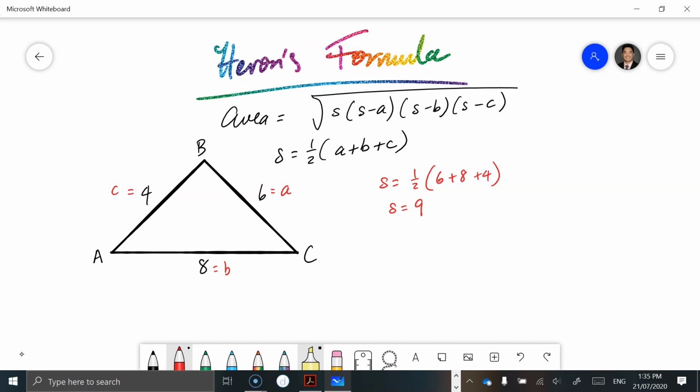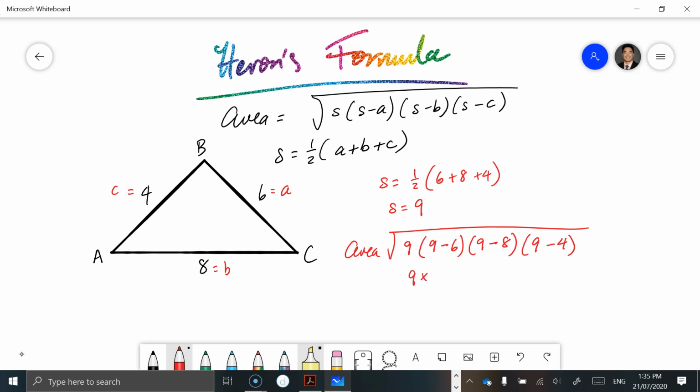So if we are to put it into this formula, the area is going to be the square root of 9 outside of 9 minus 6, and then 9 minus 8, and then 9 minus 4.